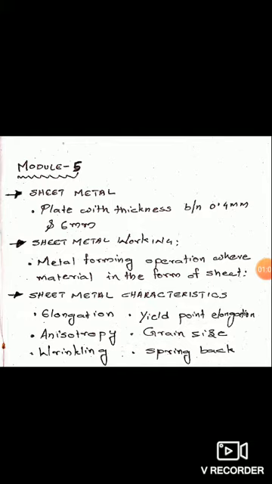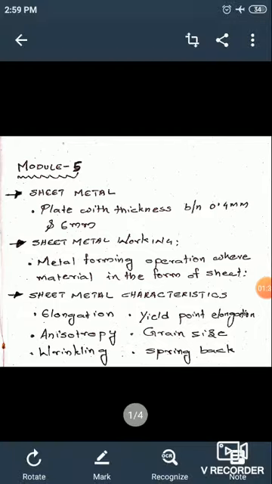First, we'll move on to elongation. What is elongation? Elongation determines the capability of the sheet metal to stretch without necking and failure. For sheet metal operations, the material is usually stretched.